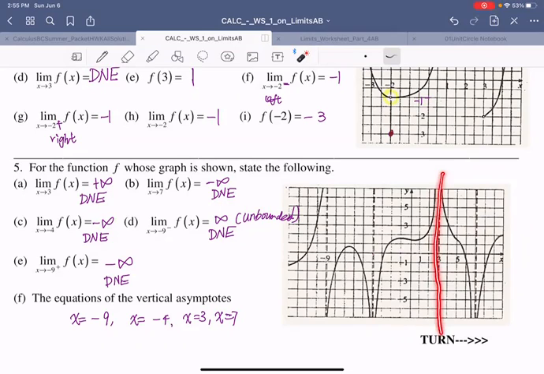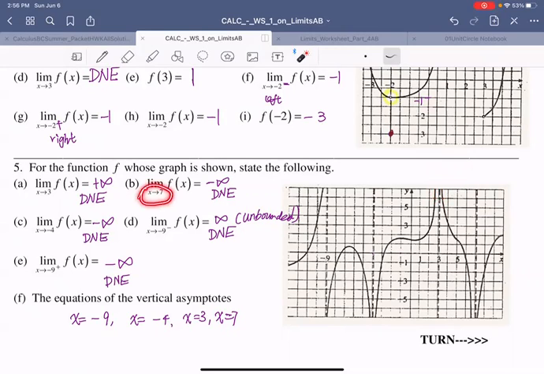You see here, this side goes to infinity, and this side goes to infinity. You can write down positive infinity. You can also write down DNE. Infinity means the limit does not exist also. So you have positive infinity because here and here go to positive infinity.